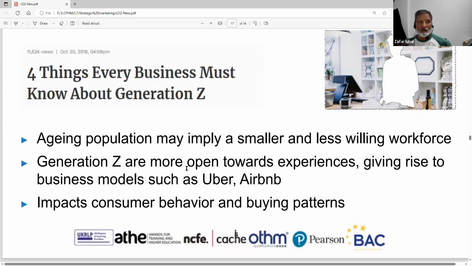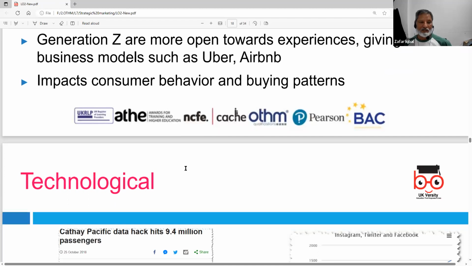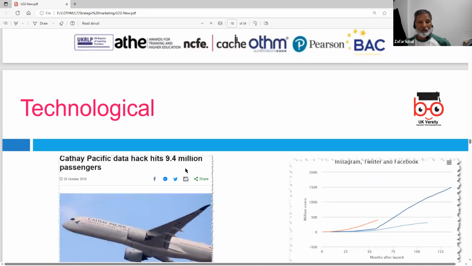If the price of a product rises, it will have an effect on other goods and so on. Elasticity and inelasticity, all these will have an effect on the organization. The next factor which is important to consider is the technological factors.